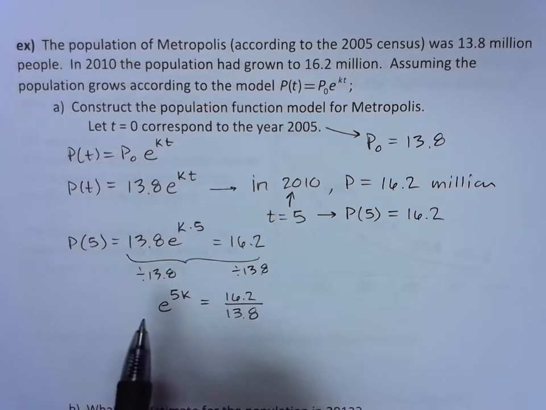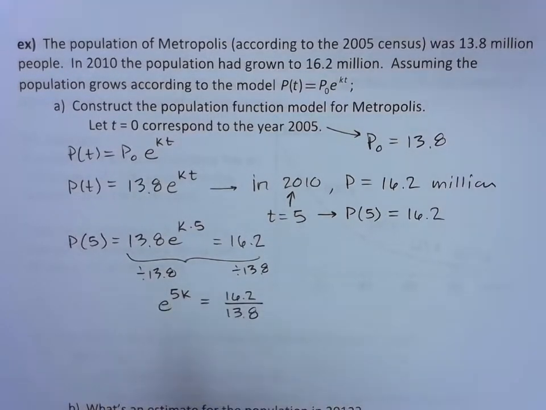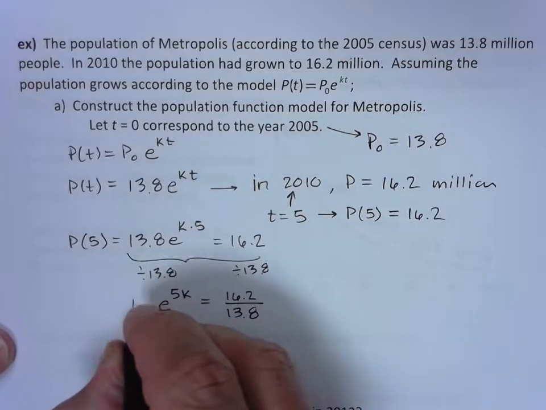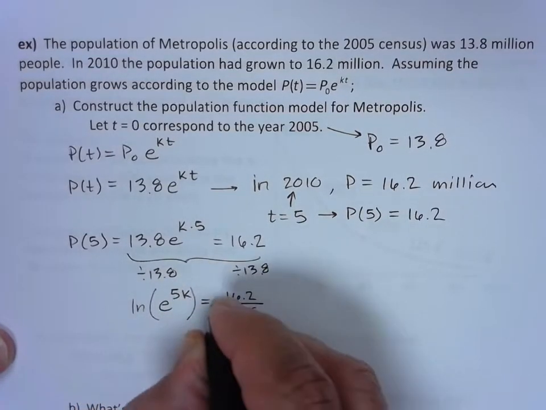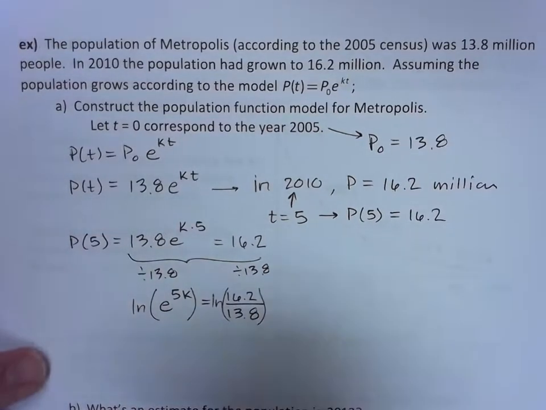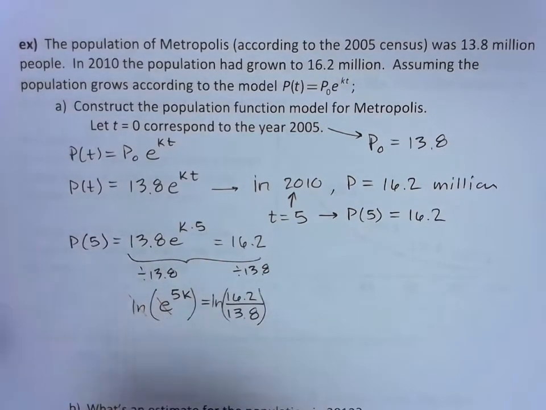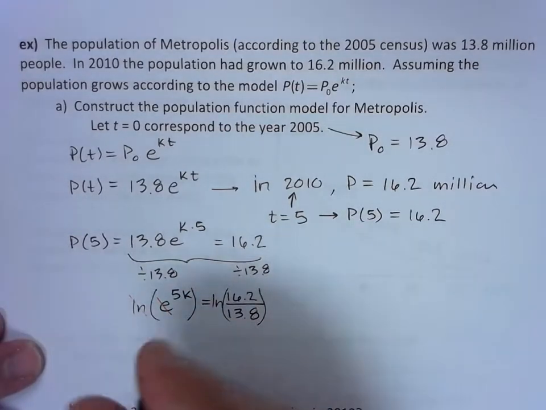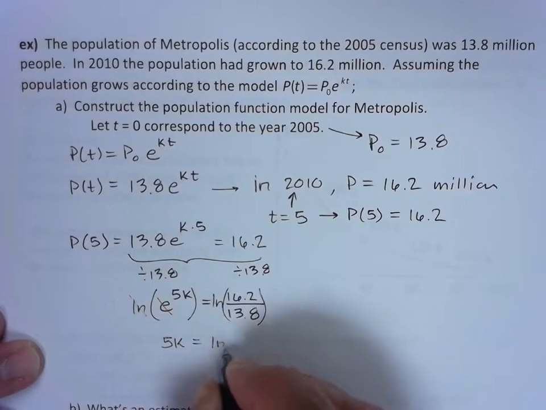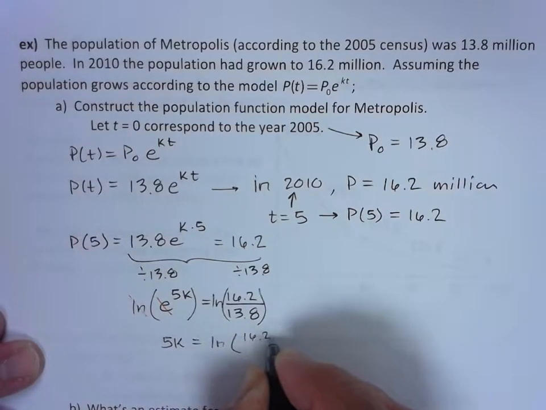And now we want to get the variable out of the exponent, so this is when we'll use the cancellation properties. Take the natural log of the left-hand side, take the natural log of the right-hand side, so you can use those cancellation properties, and then that will free up the exponent. 5k will equal the natural log of 16.2 over 13.8.